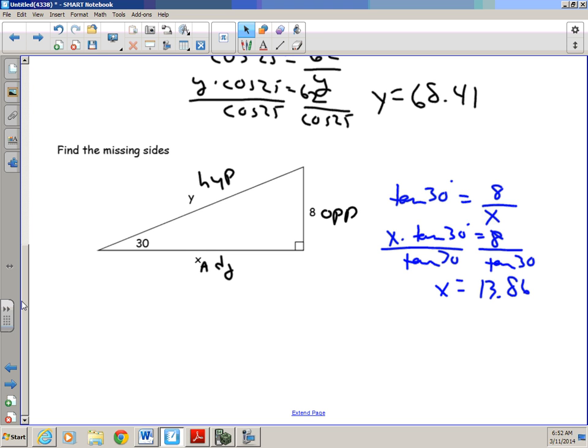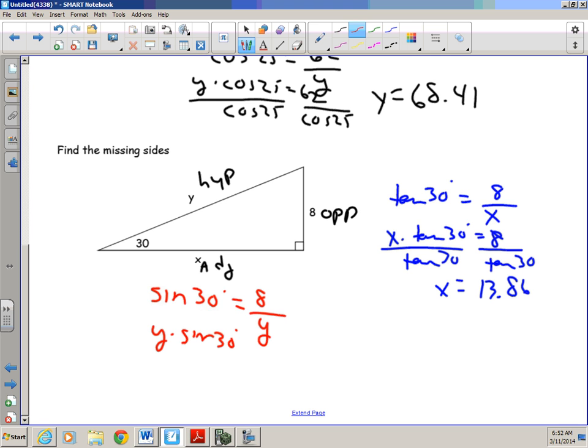Then I'm going to go to trying to find y. So for y, I'm going to use opposite hypotenuse. So I'm going to use the sine function. So y sine of 30 is equal to 8. Divide by sine. And I get y to be, I think it works out exactly 16. 8 divided by sine of 30, and that should be 4.